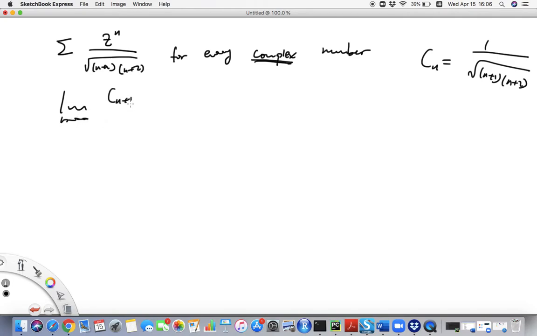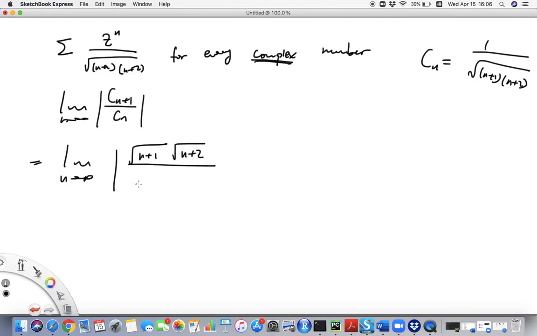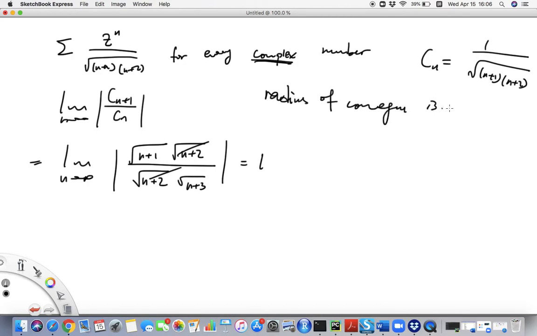So we look at the ratio, the limit as n goes to infinity. These two cancel, and it's clear that it is 1, right? So your radius of convergence is 1.